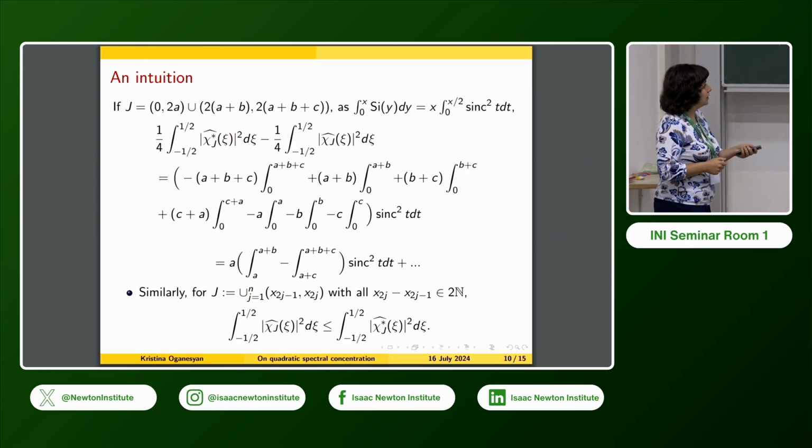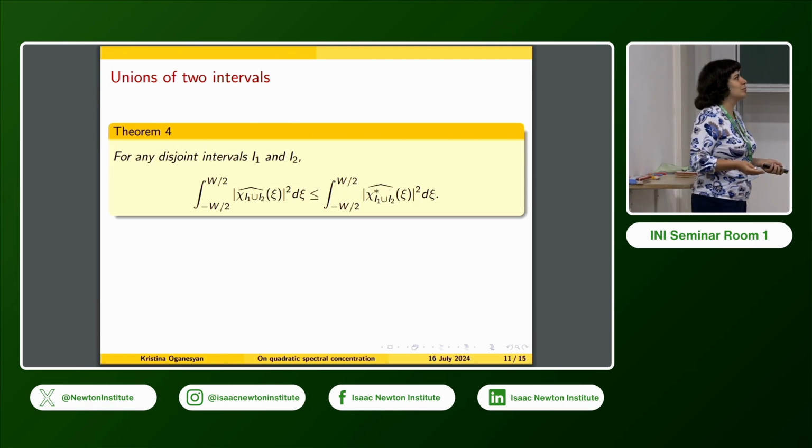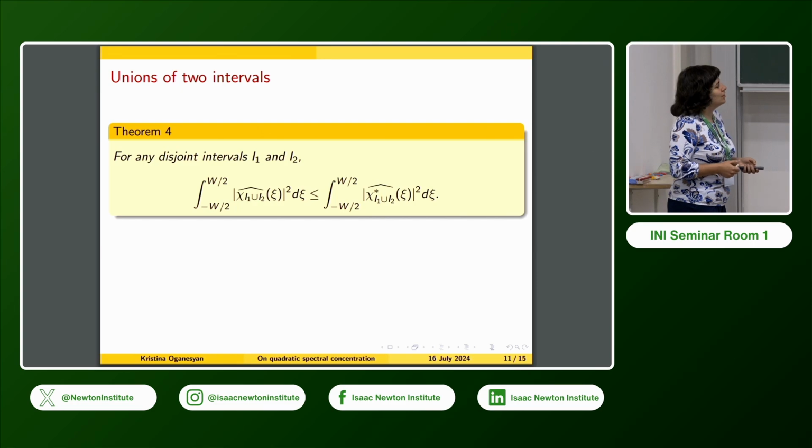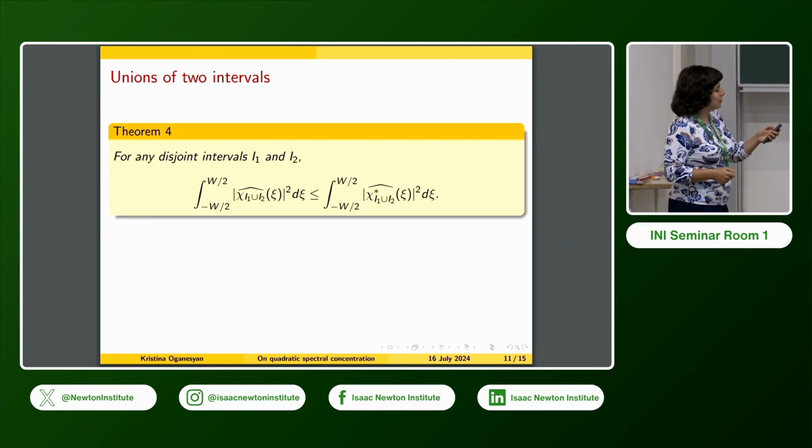And that's the intuition. Okay, now what we have for two intervals, the easiest case we can imagine, is that it's really better to bring the intervals together in order to increase this L2 norm here.